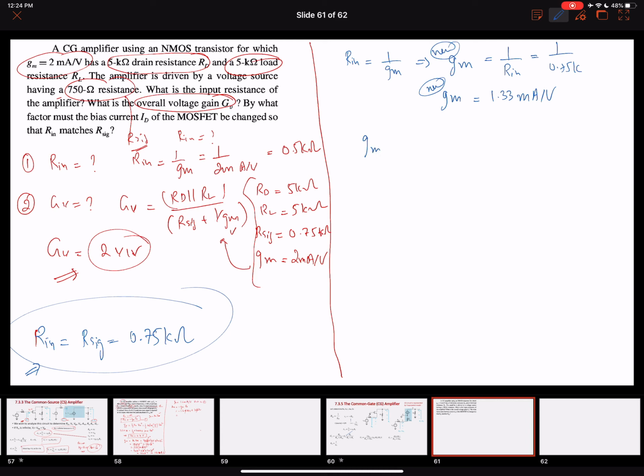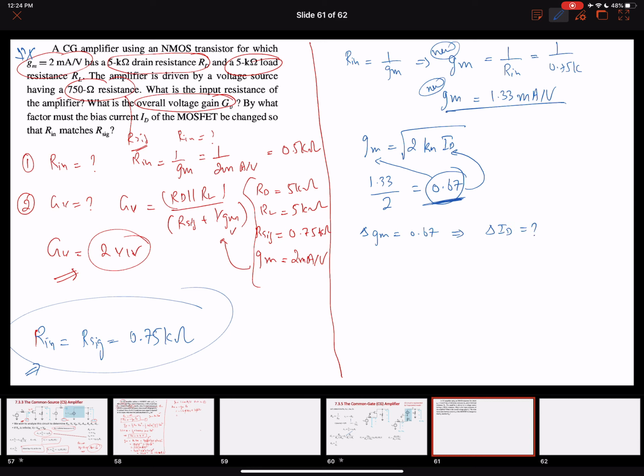So GM equals 2 Kn ID square root. Initially our GM value was 2 and our new GM value is 1.33. So how much is the factor? 1.33 divided by 2 is 0.67. So in order to have a change of GM by 0.67, how much change in the ID is needed?